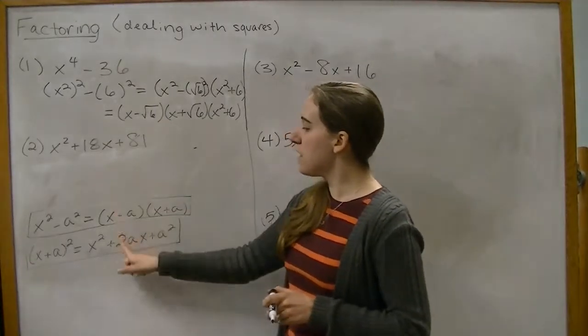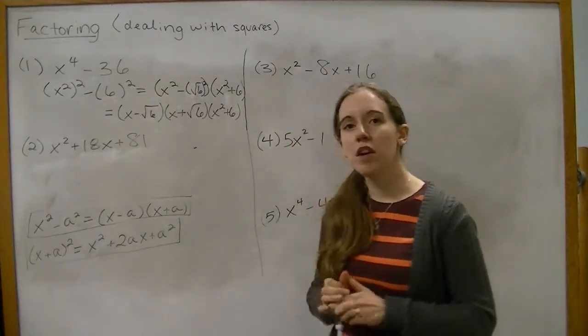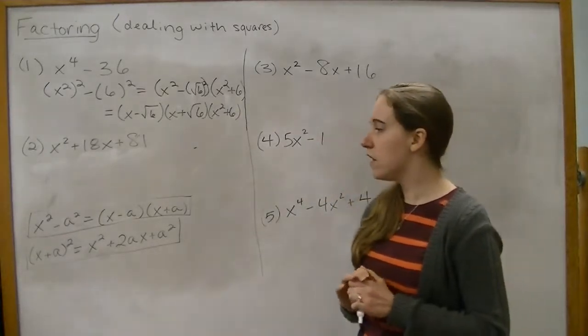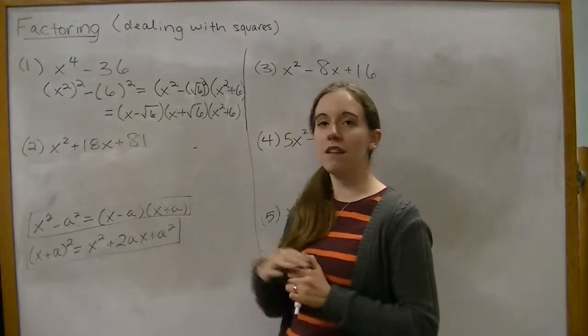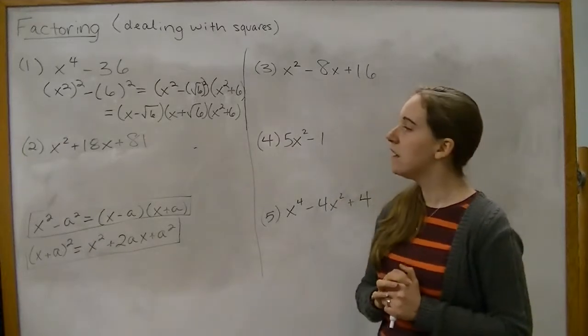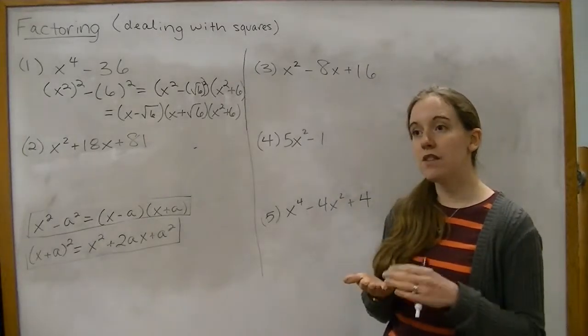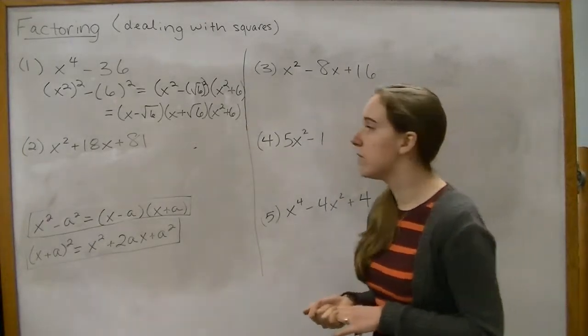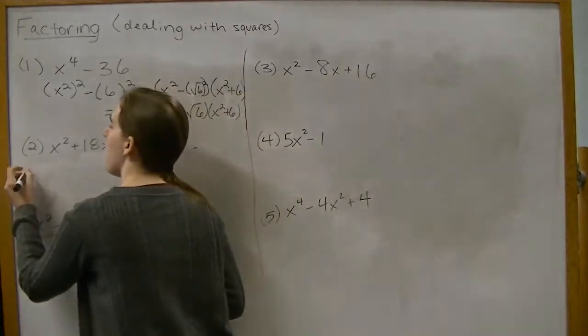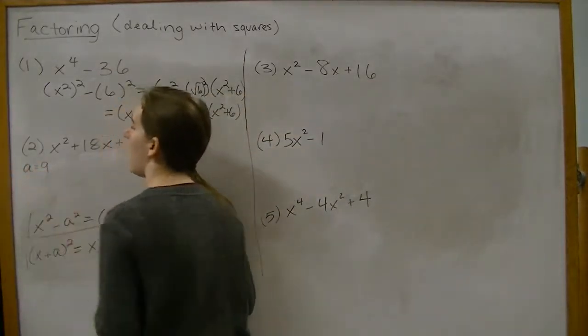So if this is the right form, then my middle term is 2ax. Well, then that means that my 2a is equal to 18. So 18 is 2 times 9. So that means that I'm thinking my a is going to be 9.